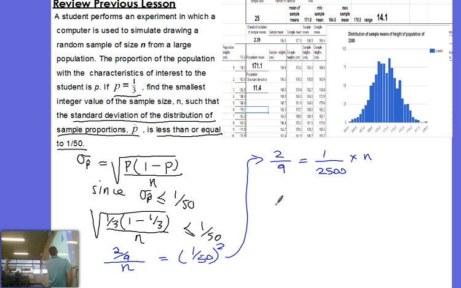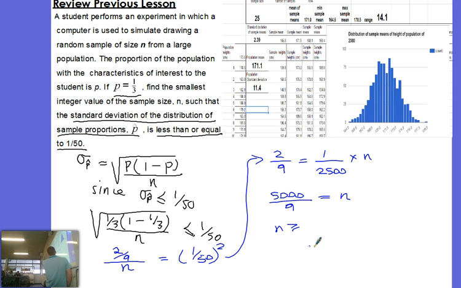So 2 times 2,500, 5,000 on 9 is going to equal n. Now when we relate that back to the inequality, less than or equal to, this number becomes the minimum, smallest number. So n has to be greater than this amount.